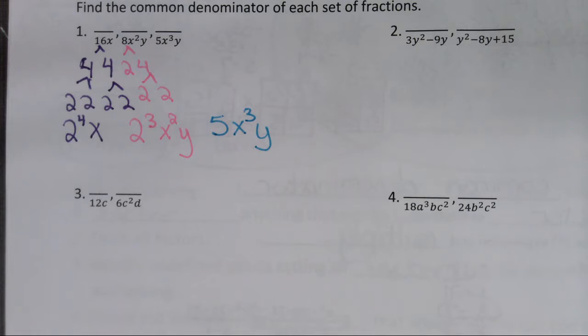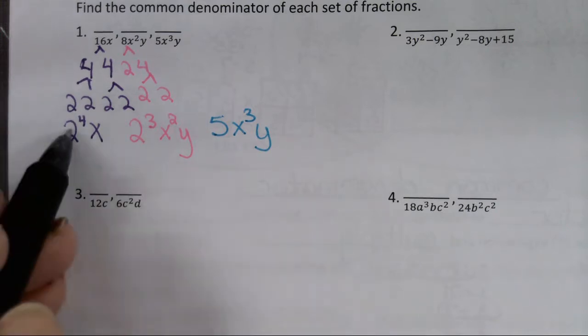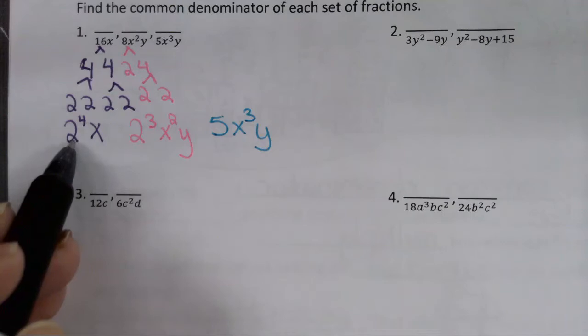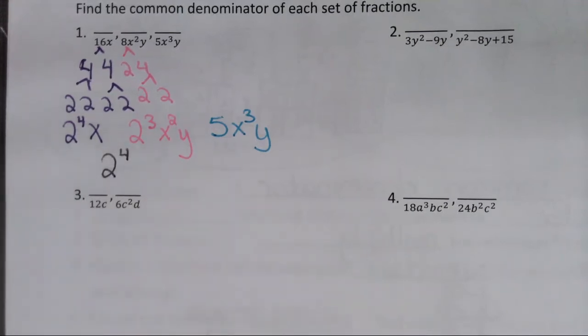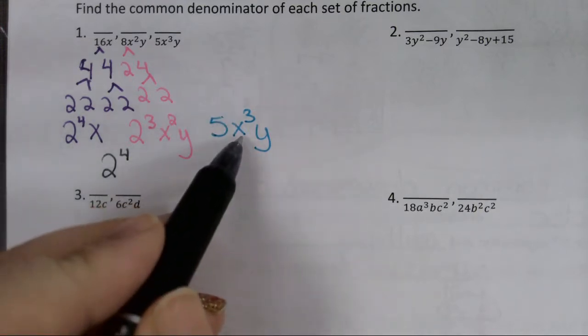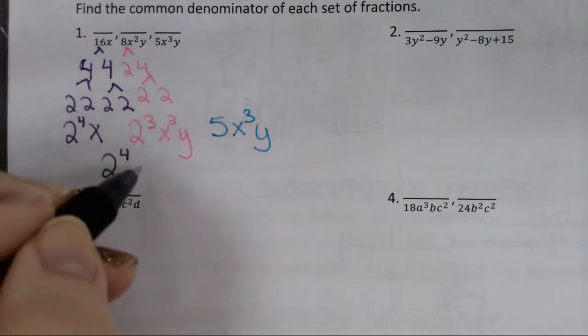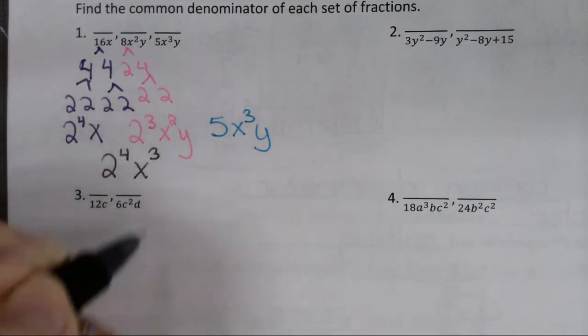So for example, if I look at 2, the most amount that it happens would be 4 times. So 2 to the 4th has to be included as part of the common denominator. Next, we'll look at the x. The most x's that occur in a single denominator is x to the 3rd. So that's what's going to be included in the common denominator.